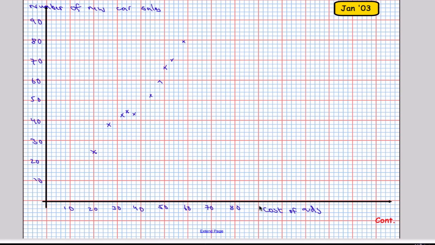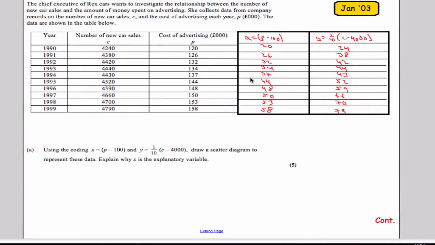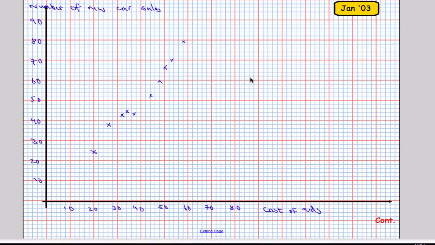Notice that we've got clearly labeled axes, and our points are correctly plotted. Be as accurate and meticulous as you can when you're plotting your points. You don't want to give the examiner any reason to deduct a mark. And then I think the last part was to explain why x is the explanatory variable. Basically, x is the independent variable, and the number of car sales depends on the cost of advertisements.